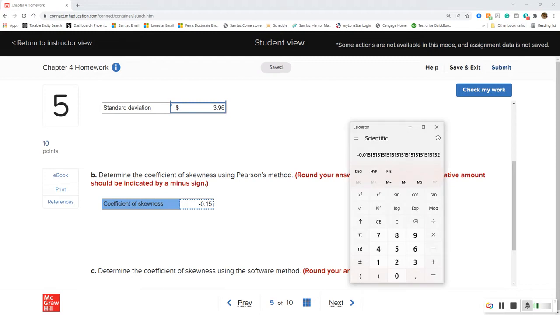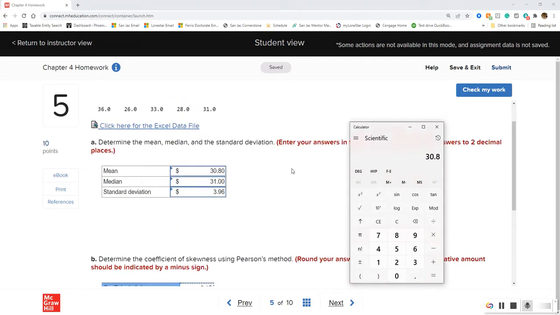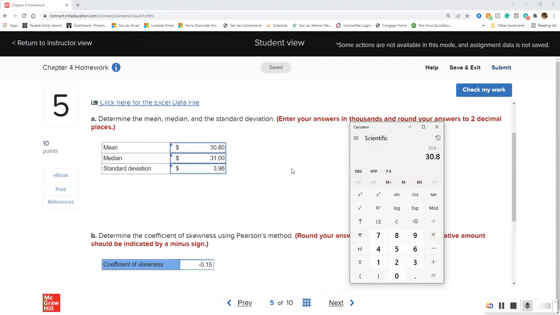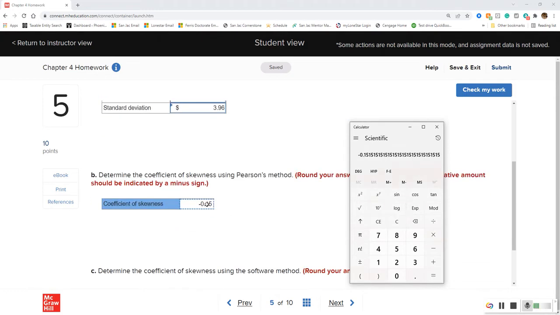So, let's try that again in our calculator. Okay. So, we take 30.8, which is our mean, minus our median, 31, negative 0.2, times 3, or not times, divided by... clear... negative 0.2 divided by 3.96. Okay, I might have added an extra 0 somehow.